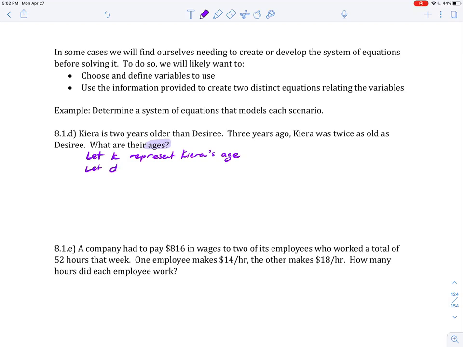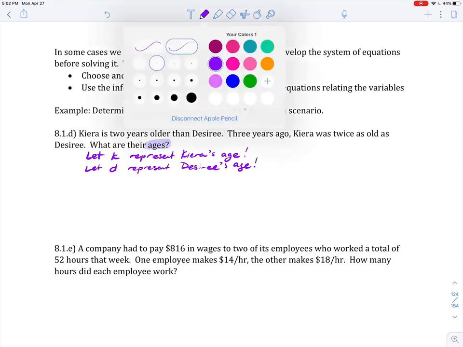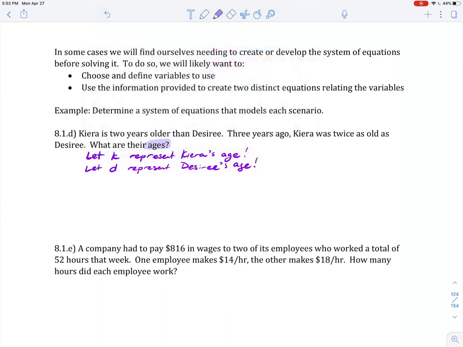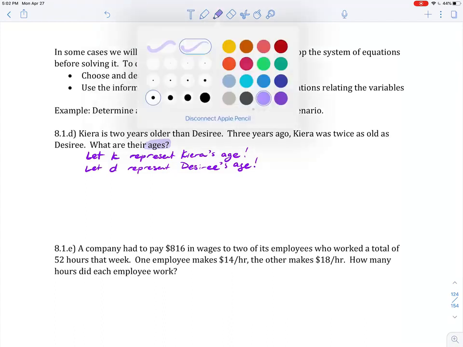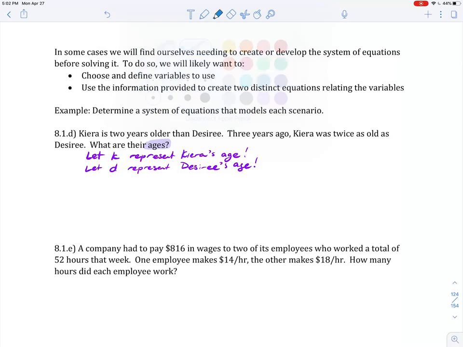This is specifically going for Kira's age. And similarly, I'm going to use D for Desiree. And not just saying let D represent Desiree. It's specifically her age.